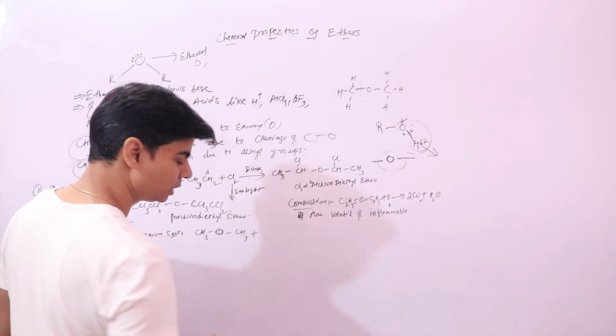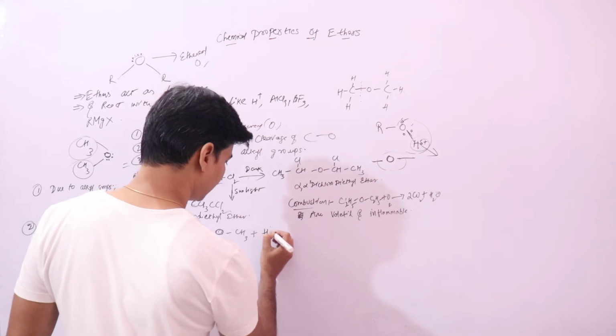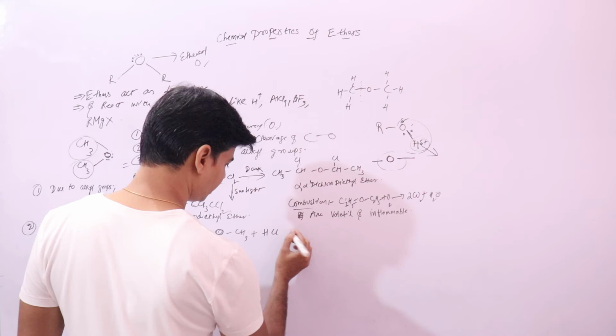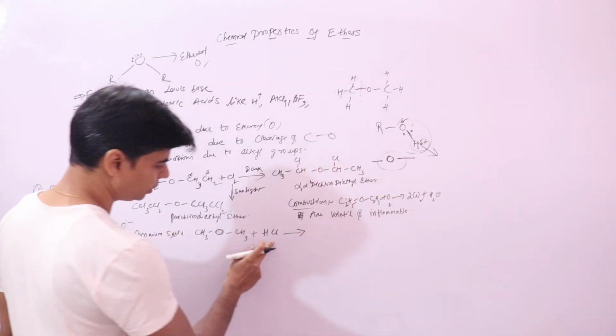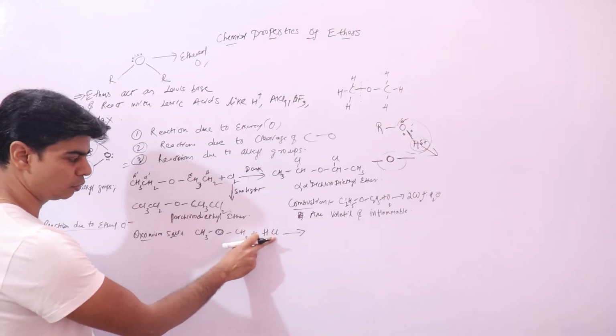will react with acids, say HCl, where we know that acid will ionize to give you hydrogen ions and chloride ions.